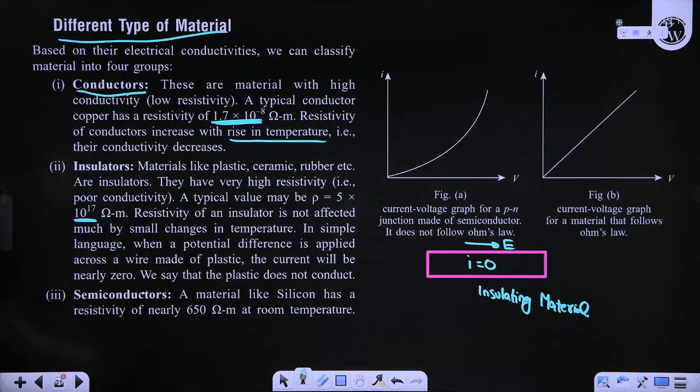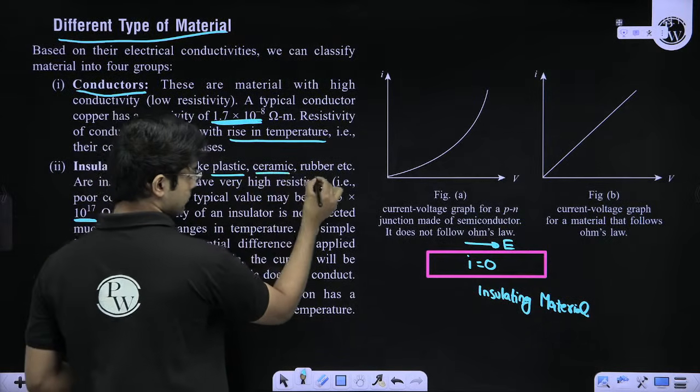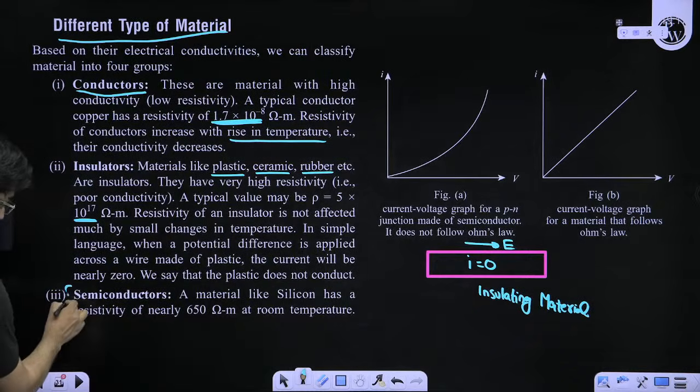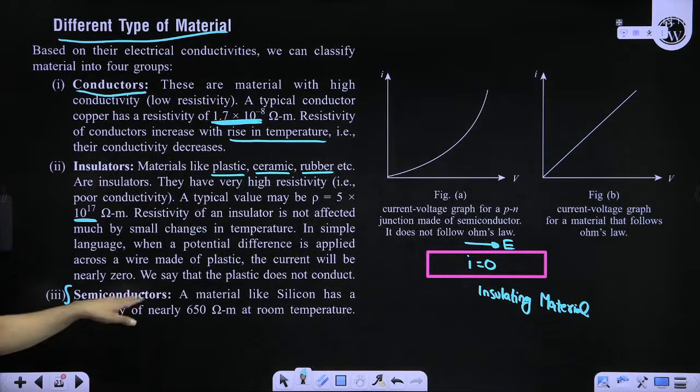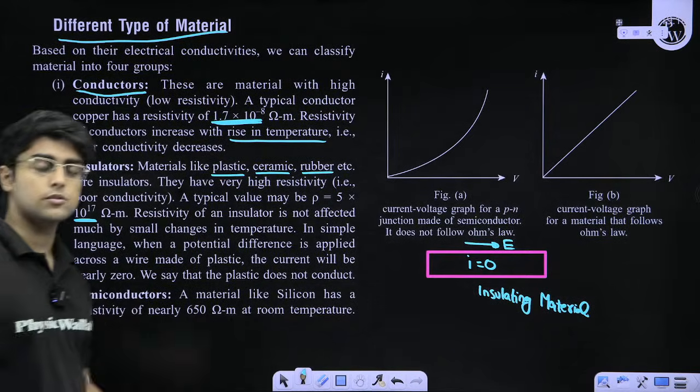I have written some examples also here. You will get the PDF after the lecture, so you can read them. You should also read the NCERT for these points as well. Then semiconductors, we will discuss later. They have a different mechanism of conducting electricity. It's not exactly like the conductor we discussed before.